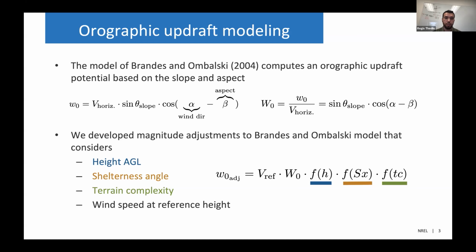So our goal here is to really adjust the magnitude of this model based on extra parameters that we can get from the geometry of the area of interest: the height above ground level, some measure of shelter and exposure index of whatever region you're trying to model, and a measure of the terrain complexity. And we replace the varying horizontal wind speed with a reference height, oftentimes at 80 meters, or hub height, if you will.